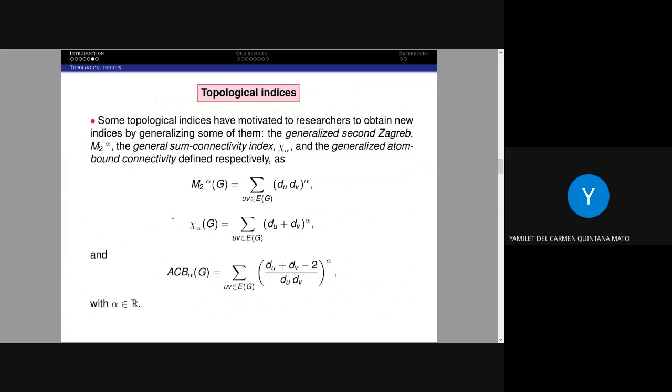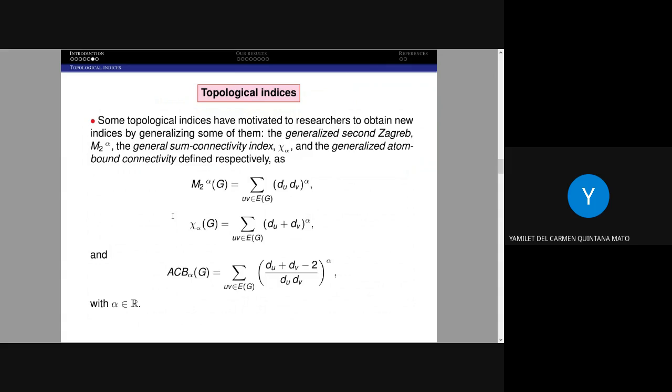Some topological indices have motivated researchers to obtain new indices by generalizing some of the previous ones. For instance, the generalized second Zagreb index M2 alpha, the general sum connectivity index chi sub alpha, and the generalized atom-bond connectivity index, defined by the last expression in this slide.